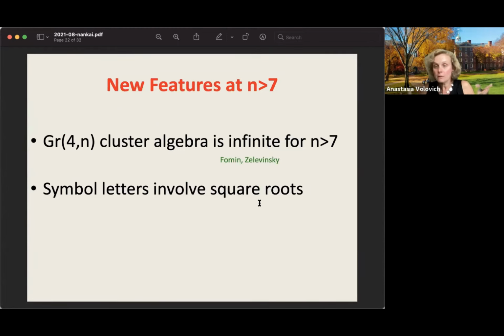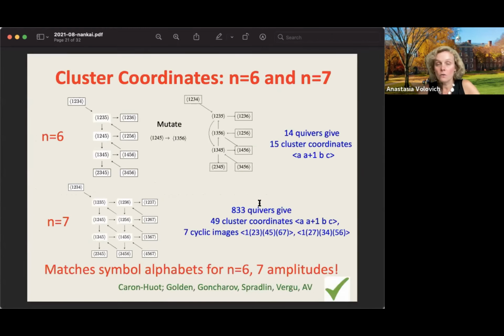We would like to be able to understand n-point amplitudes. First of all, it's known that for n greater than 7, the number of cluster coordinates becomes infinite. Here I said there are only 14 quivers and 833, but those cluster algebras become infinite. However, in amplitudes, we see a finite subset, so we'd like to know what exactly is going on.